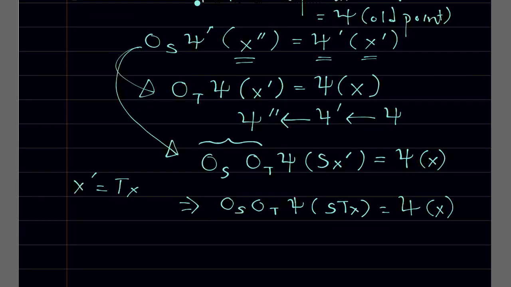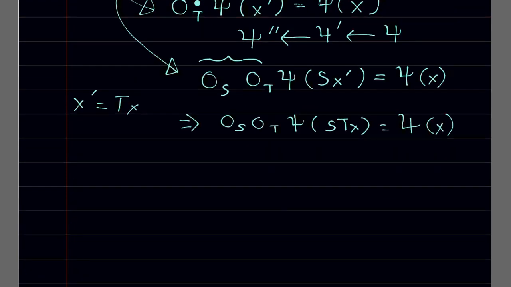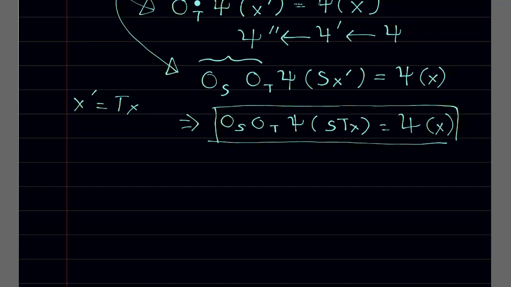So what do we understand from here? This is an important thing that you need to remember. We understood that you can redefine the entire thing here as a new operator OST, which is a combination of OS and OT, which acts on psi of STx, and it takes the same value as psi of x.